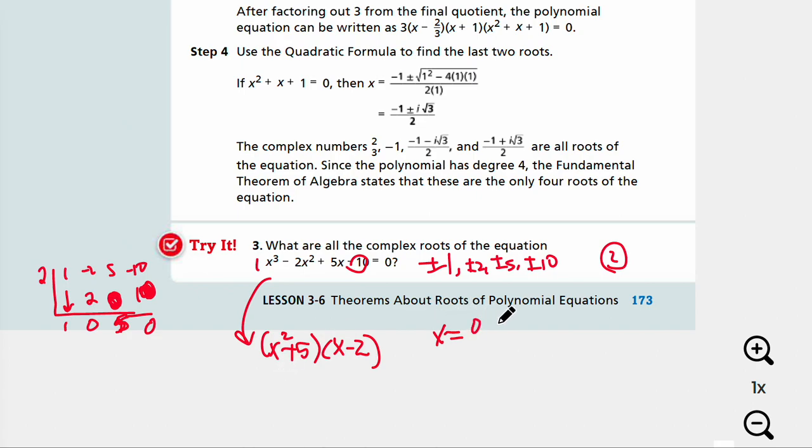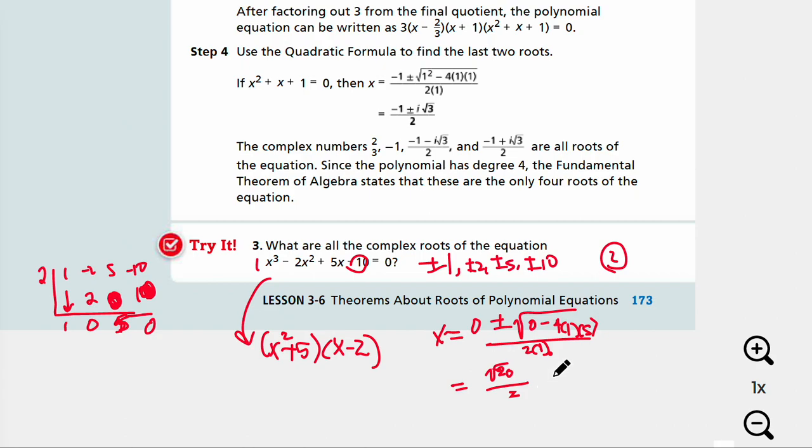So you're just going to have 0 plus or minus the square root of 0 minus 4ac, all over 2 times a, which is 1. And then you will see that it's going to be the square root of -20 over 2.